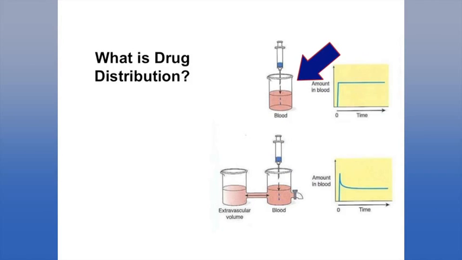This would infer that the drug gets administered and nothing else happens. And the response would be graphed out over time on the x-axis and amount of drug in the blood on the y-axis. So it would look something like this: rapid IV administration, and then you get a sustained concentration. Well, not too surprisingly, this is not what happens in the human body.